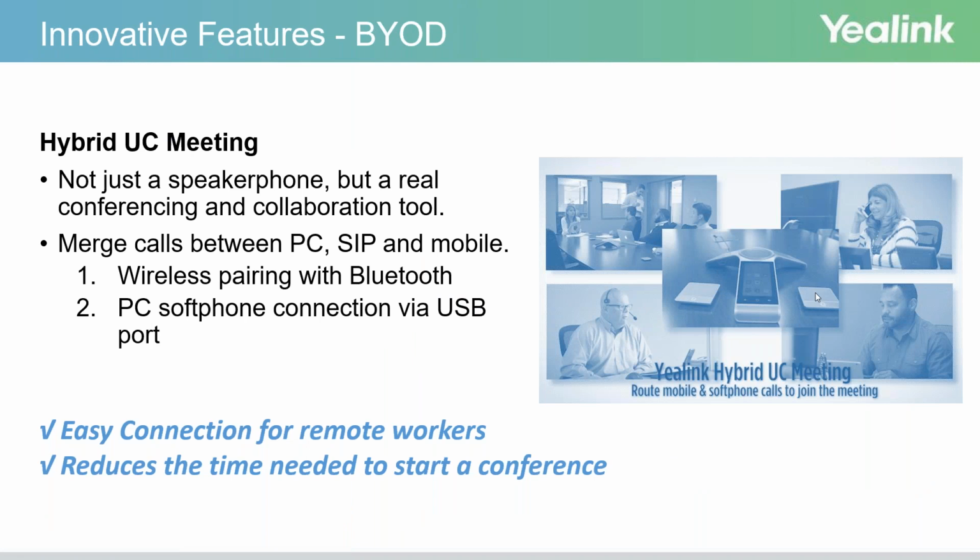So we touched on the hybrid meeting BYOD features of the CP960, and went into a little more detail. But ultimately, at the end of the day, you can use this IP endpoint with your PC on a soft phone. You can register it to an IPPBX, but you can also tether it by Bluetooth to a cell phone. So if you need to transition a phone call from a cell phone to the conference phone, you can do so.